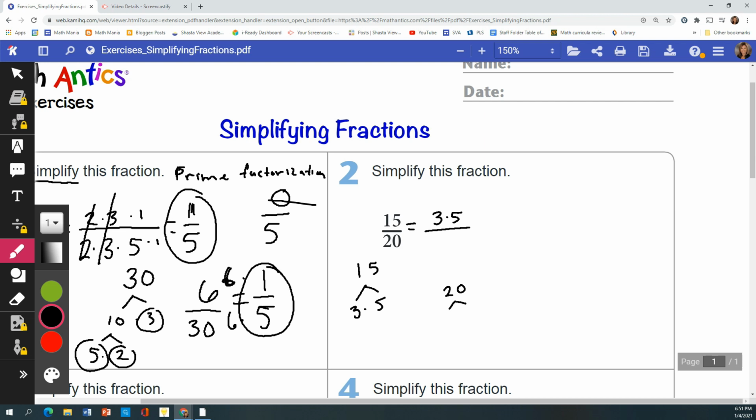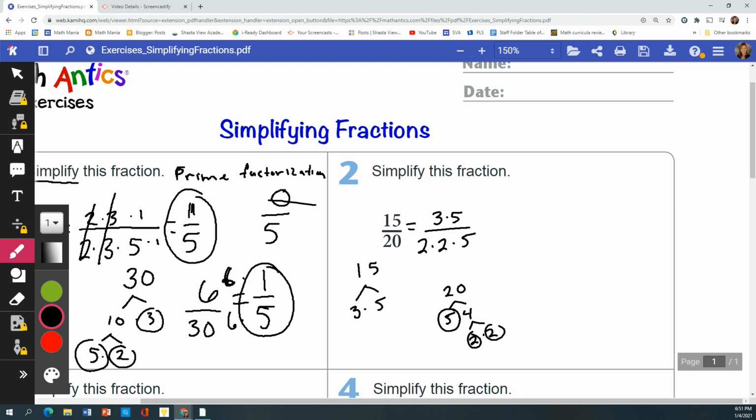So there's 15, and then here's 20. Again, I know it's going to be a 5 times 4. I can see that 5 is a prime factor, but 4 is not, because I need 2 and 2. So if we wrote that up here, it would be 2 times 2 times 5, because 5 times 2 is 10, and 10 times 2 is the same as 20.